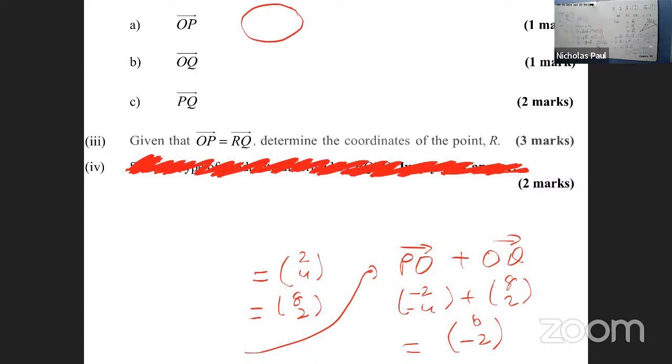Find the coordinates of R. How are we doing that? There's no R there, right? So we had to figure out where that's going. What are we going to do?